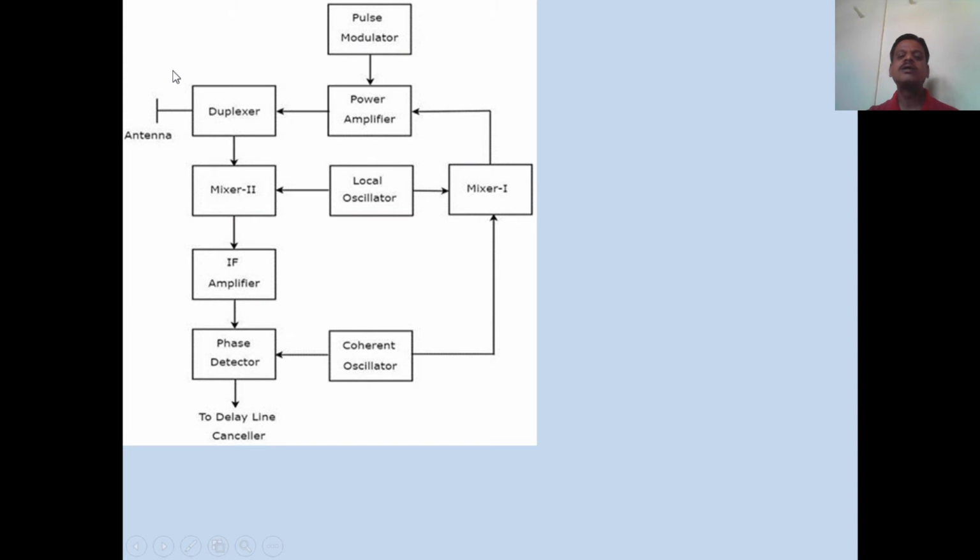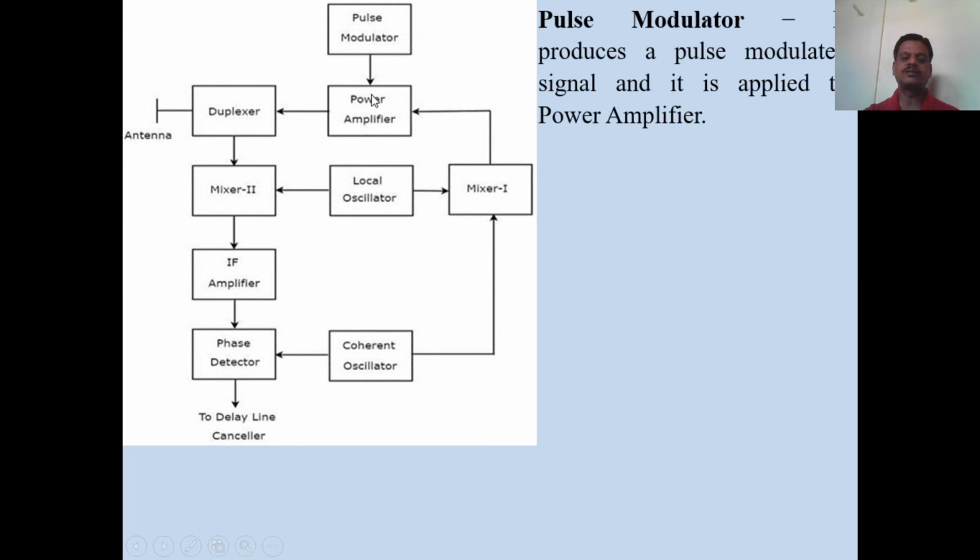But here, for the MTI radar with power amplifier, the power amplifier is used. In the other type, a power oscillator is used. This is the only difference in the radars. This is the pulse modulator, and the function of the pulse modulator is to produce the pulses.